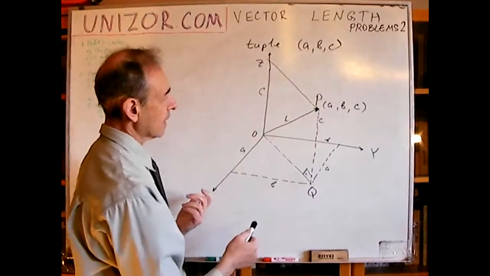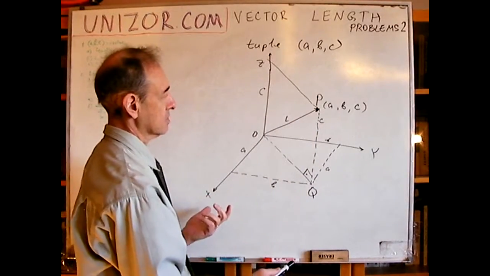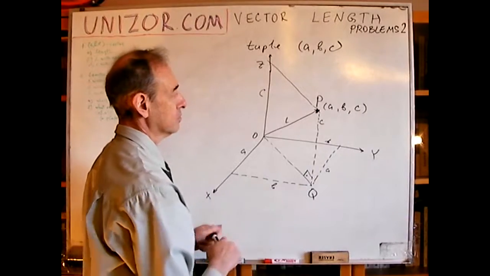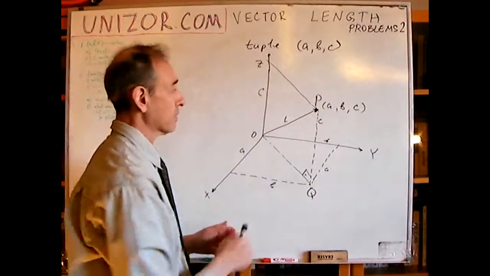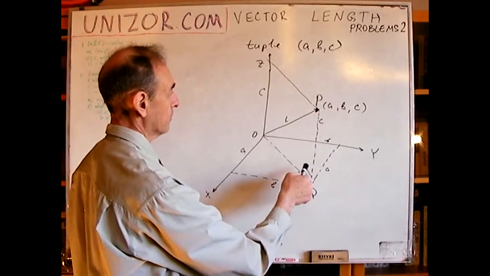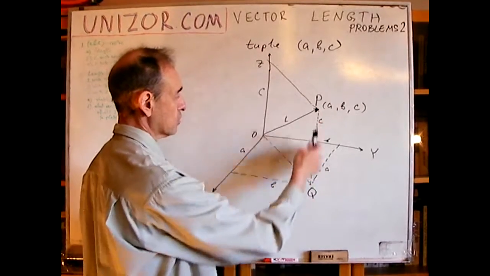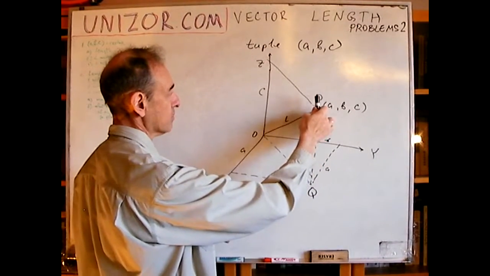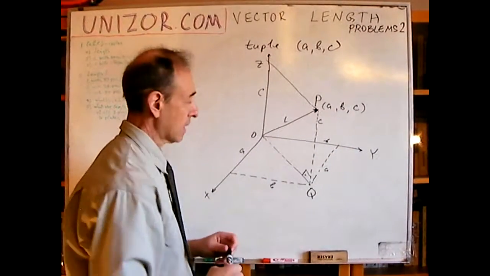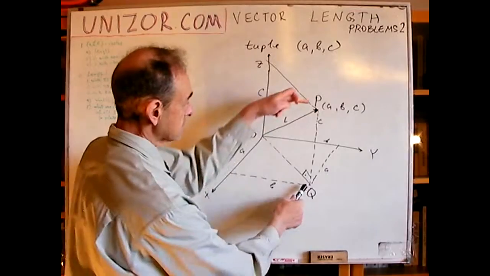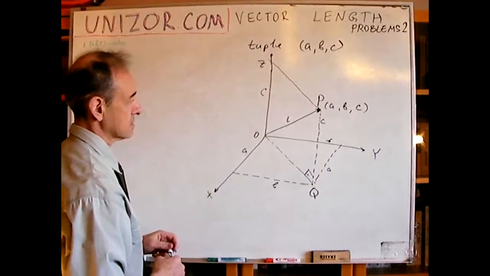OP is the hypotenuse, PQ is one cathetus, and OQ is the other cathetus. We do know PQ: it's the segment which constitutes the distance from the point to its projection on the xy plane, which means its length is the projection on the z-axis.